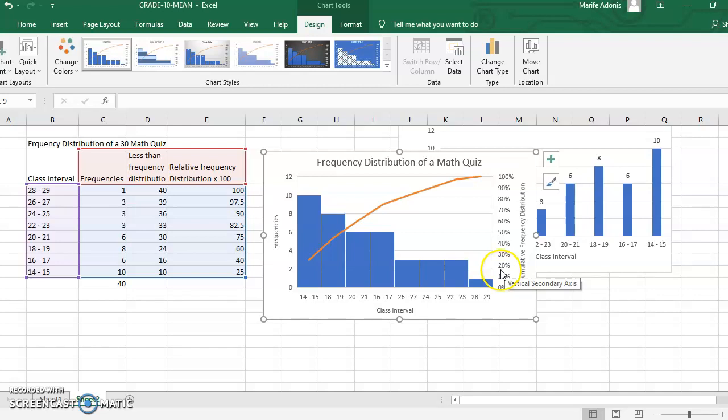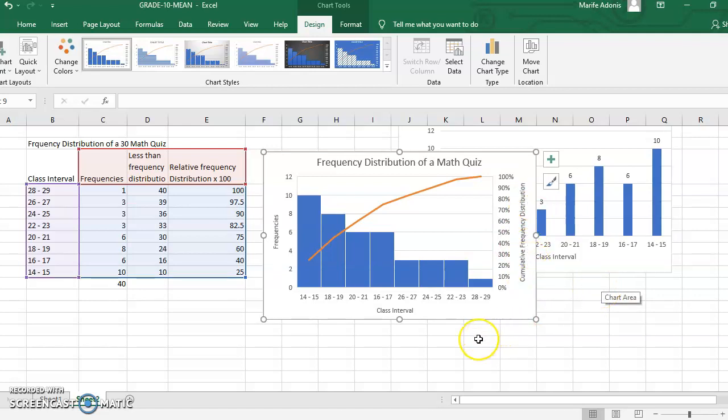In between 20 to 30%, nandyan yung pinakamarami. Makita nyo yung 10 na frequency, ito 80%. It consists of 80% na sa graph. Okay? Tapos, yung 18 to 19, na ang kanyang frequency is 8, is about 70%. Okay? So, ganyan po ang takbo ng cumulative frequency distribution.